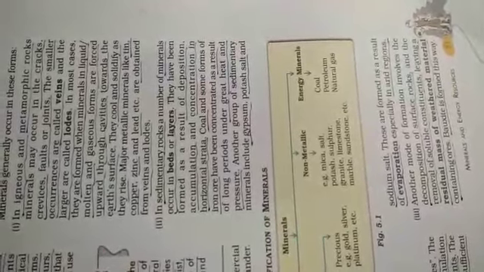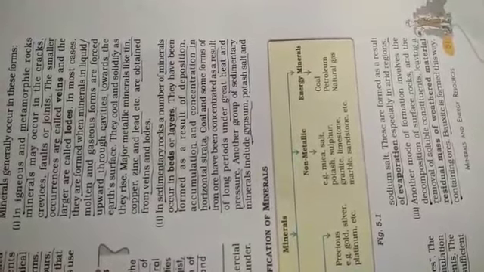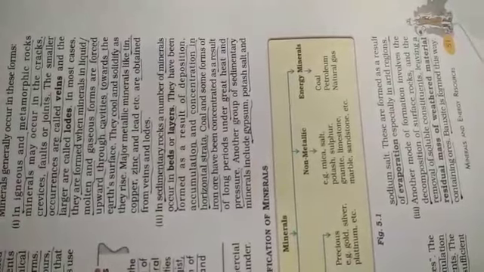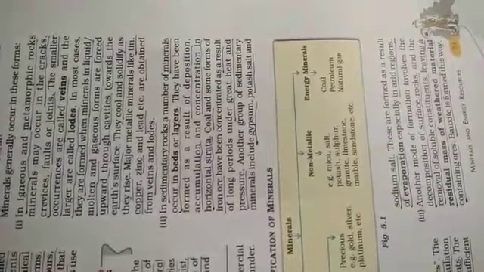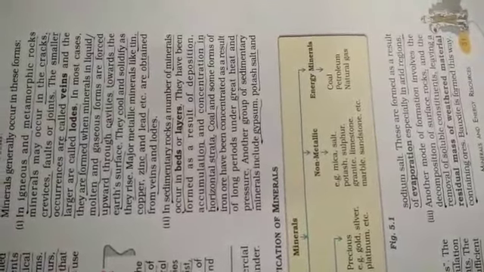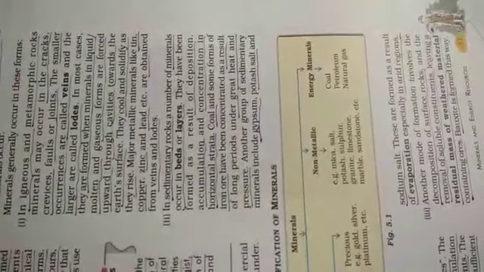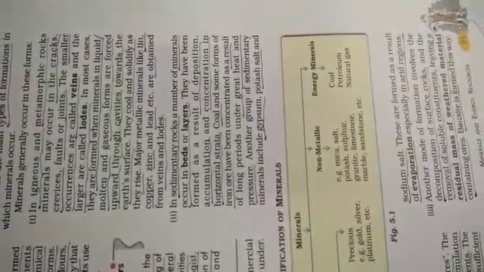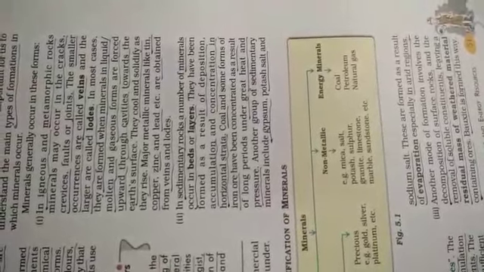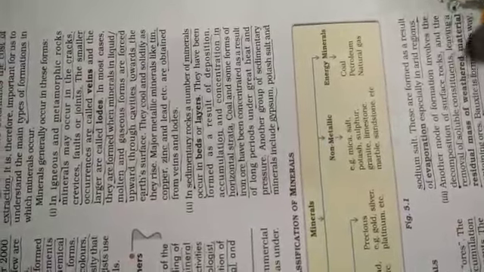So in this formation, the surface rock withers away, and when the soluble constituents are removed, we can get the material that is used as mineral. Come to the next.